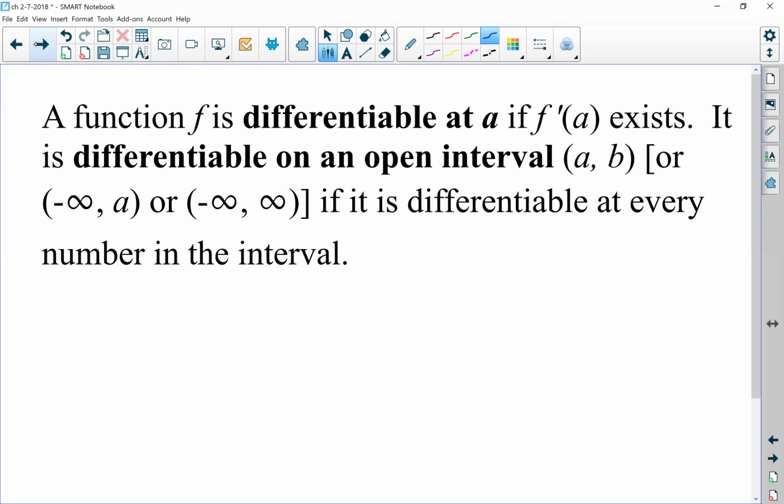So if you can take the derivative, plug in a value of a, the function is then differentiable at a. It is differentiable on an open interval, say the interval a to b, or we could have infinities in there, if it is differentiable at every number in that interval.